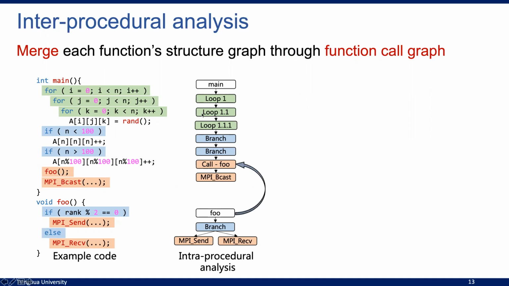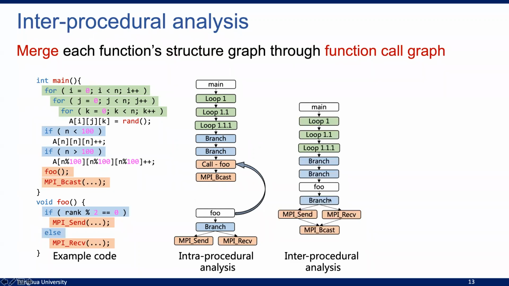For example, function main calls function foo, so we replace the call vertex with the structure graph of function foo. This is the generated graph after interprocedural analysis.